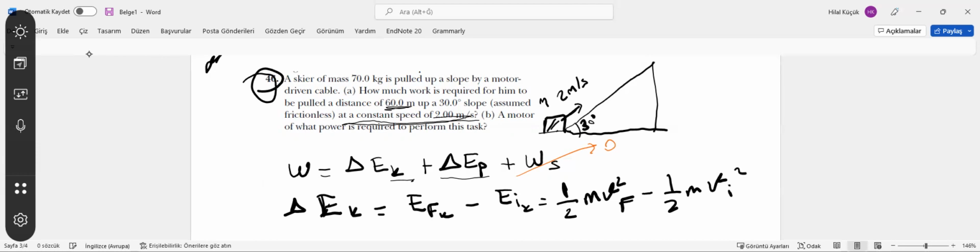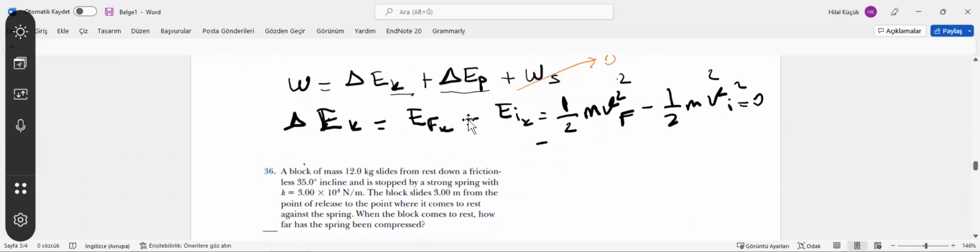But it's constant, which means final and initial are equal, 2 m/s, because it said it is constant. So your kinetic energy difference will be 0 because of the constant speed of 2 m/s.